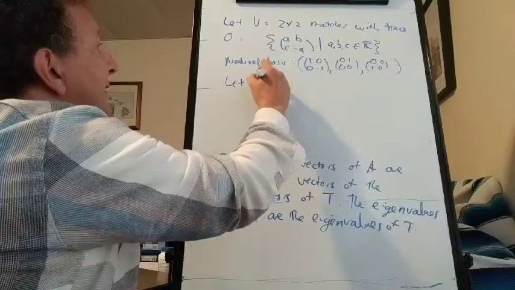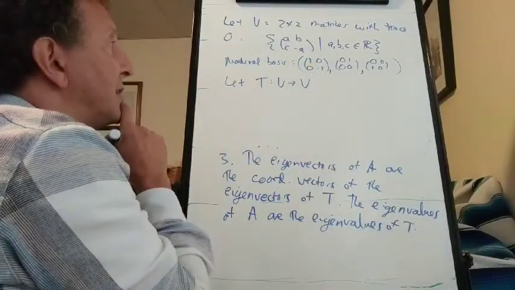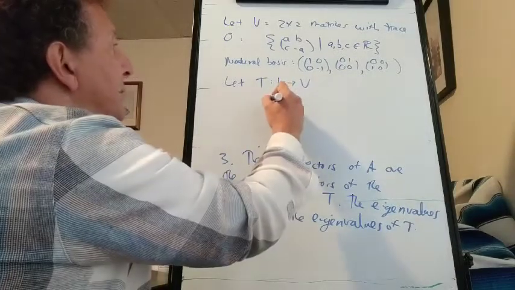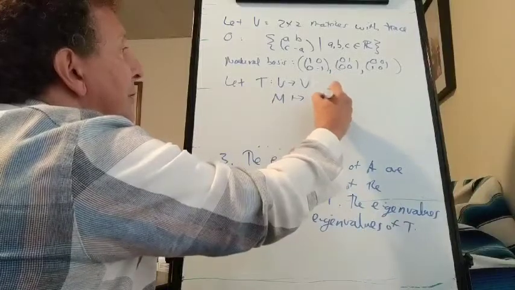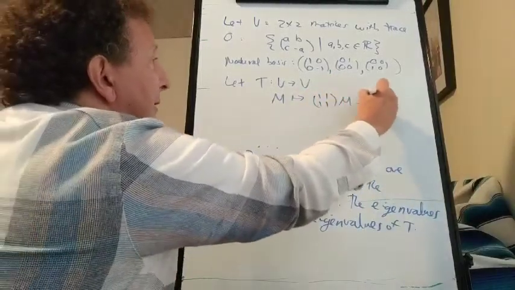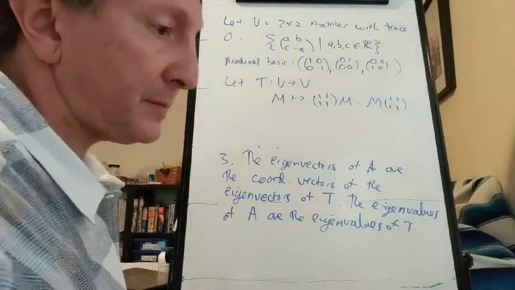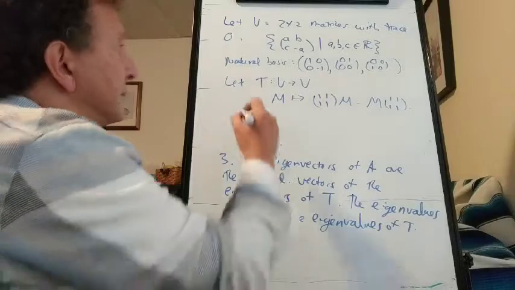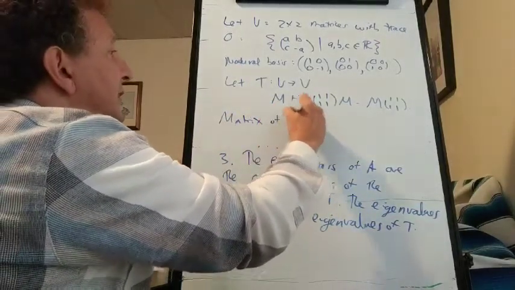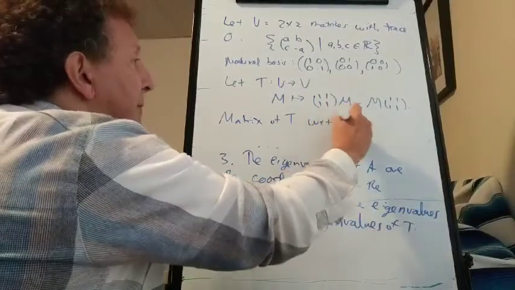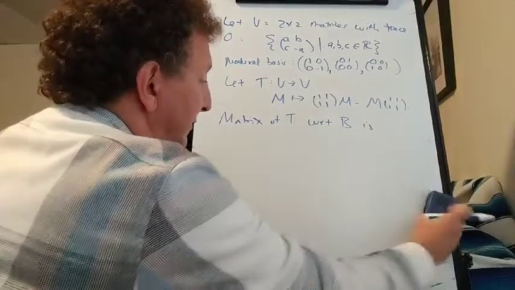And let's let T be the transformation of this vector space that maps a matrix, let me call it M, to the L1 matrix times M minus M times the L1 matrix. Now the matrix of T with respect to B is, we did this in week 7, lesson 5.